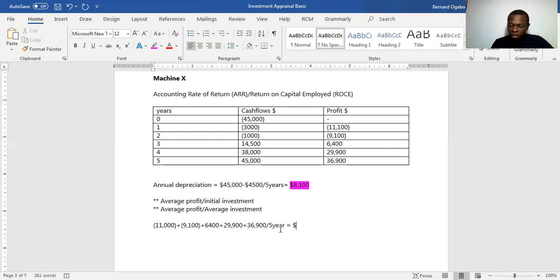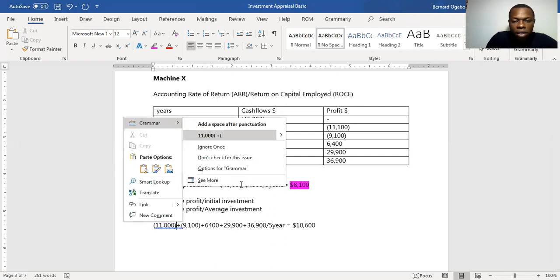That gives me 53,000 divided by 5. That is 10,600. So my average profit is 10,600. Remember that I said we are not going to be using average investment, so we are going to use initial outlay.